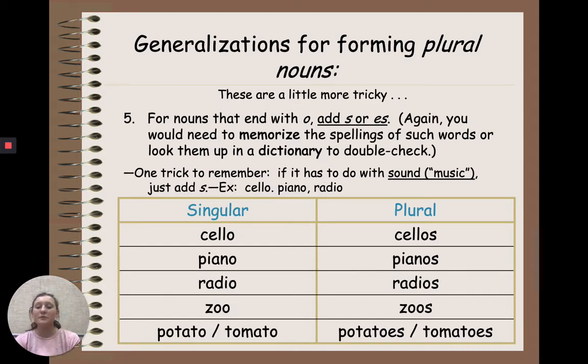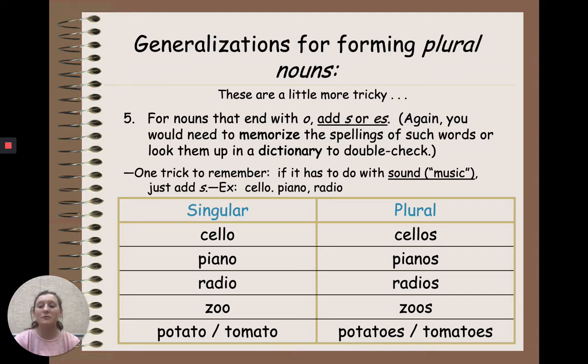All right, now these ones are a little more tricky. I just want to challenge you a little bit on these ones. Again, if they don't come right away, that's not a problem. So for these types of nouns that end with O, we're going to add S or ES. So again, these are ones that we're kind of just going to have to memorize as we go along.